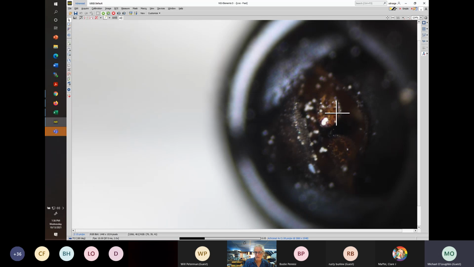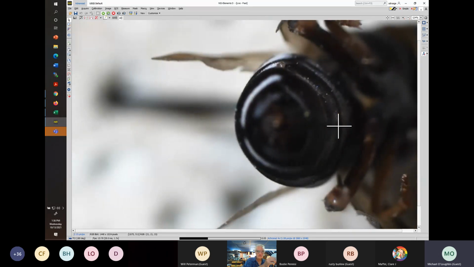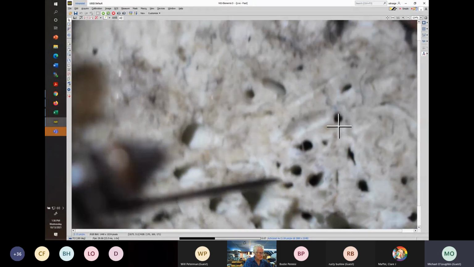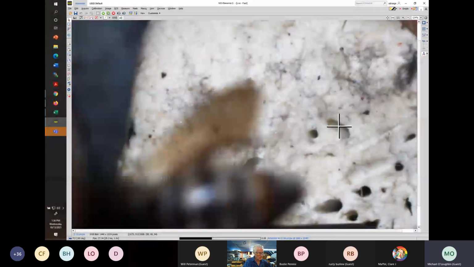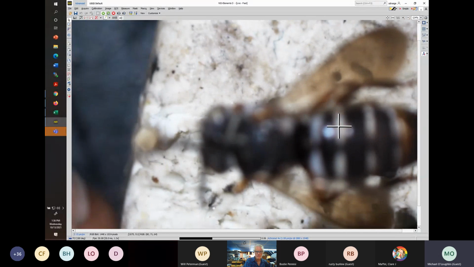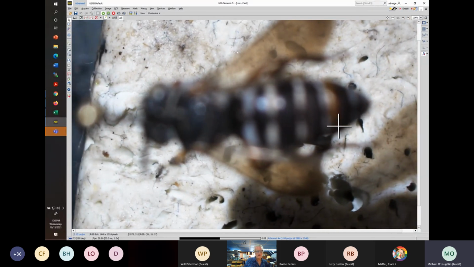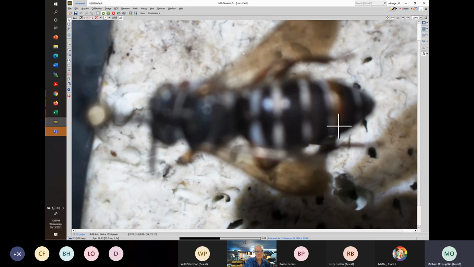It's not parallel sided. It doesn't have those big, the CT are not as massive as in Triepeolus either. And so that would be the sign. But if you look at the overall look of the species, it's also the largest one I know of Epeolus. It looks like Triepeolus in terms of its body size and shape.